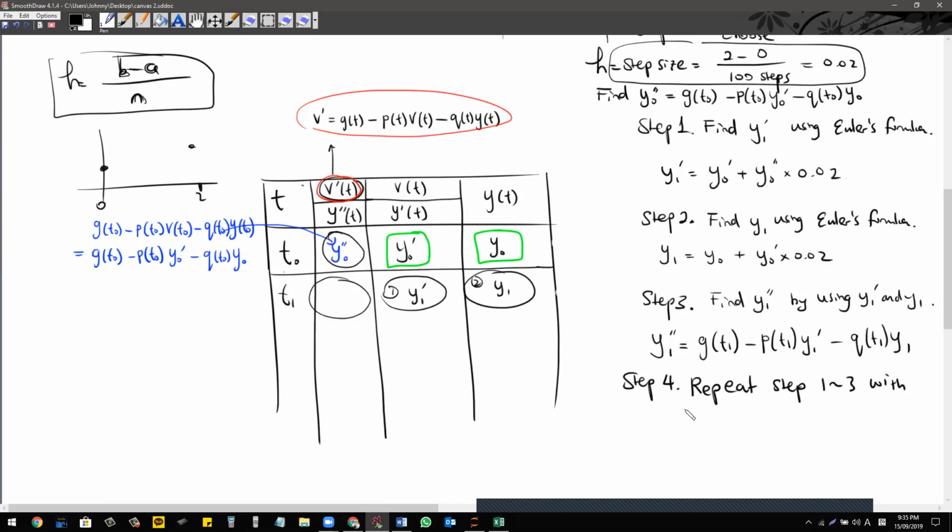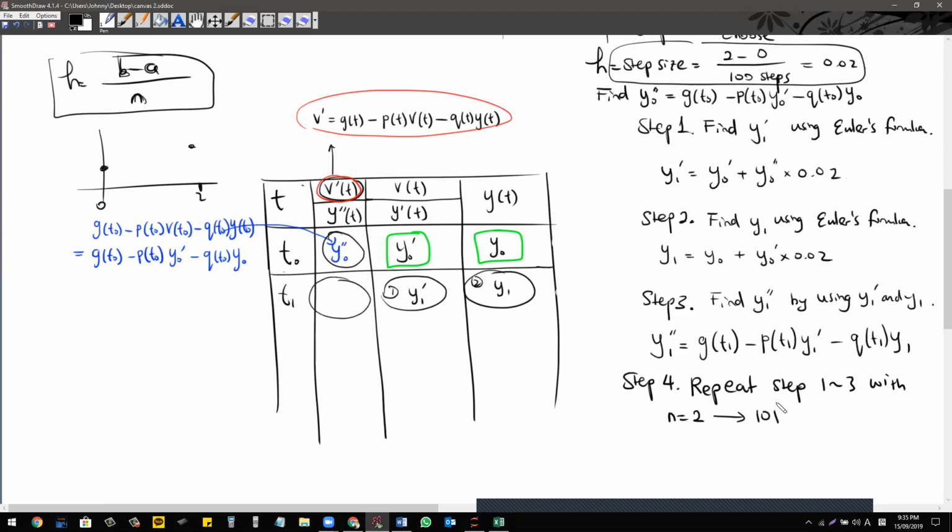with n equals 2. Yeah, it must be n equals 2. Because there are 100 steps, like 101, I guess.